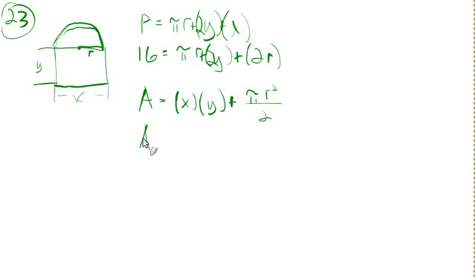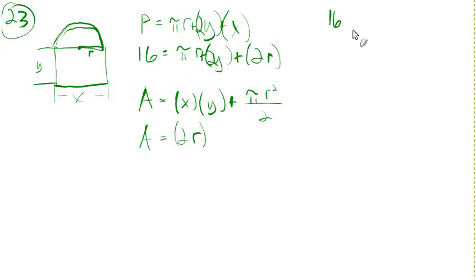So we already see that x is 2r, so that's one thing. And then we'd like to write y in terms of just r, so that we'd have r and r and r. And we could do that with this equation.